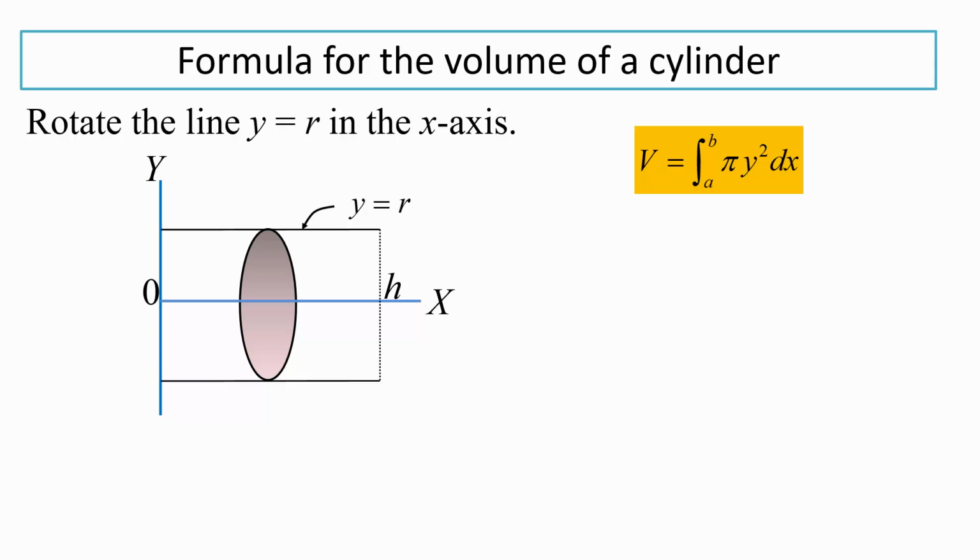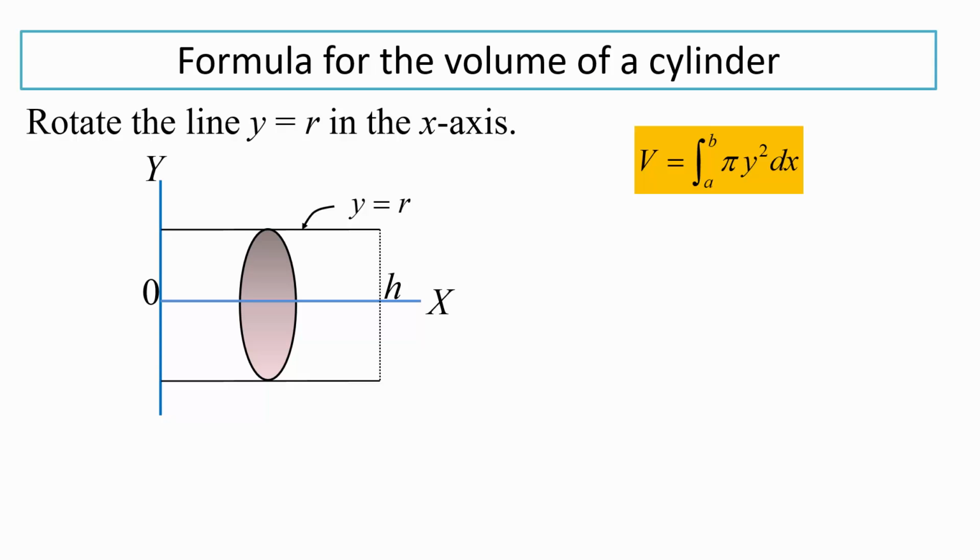Now, one problem is that to integrate, we must have the same variables being used. That means either x or y. We can't have both. So what we're going to do is to substitute an expression for y squared. Well, we know that the equation of our horizontal line is y equals r, so y squared will be r squared.